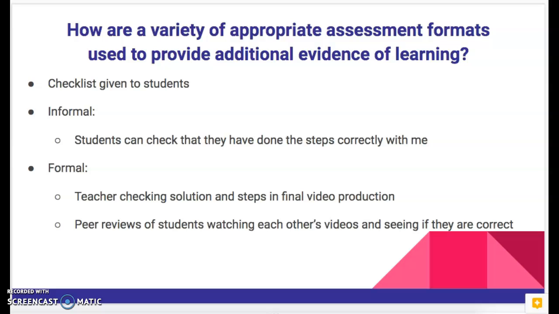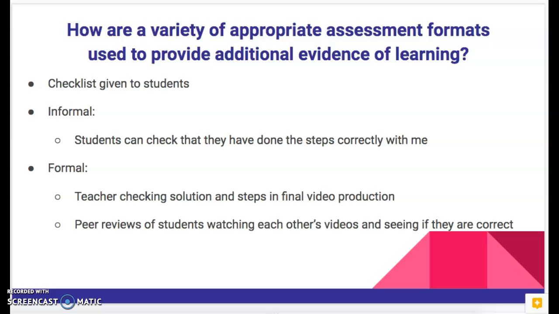So I had given them a checklist, which basically served as the rubric and the steps that they were to follow. Informally, students could check their work with me, and I would come around and check as they did it. In a more formal sense, I was checking the video and the steps in the final video production just to make sure that they did actually end up following everything on the checklist.